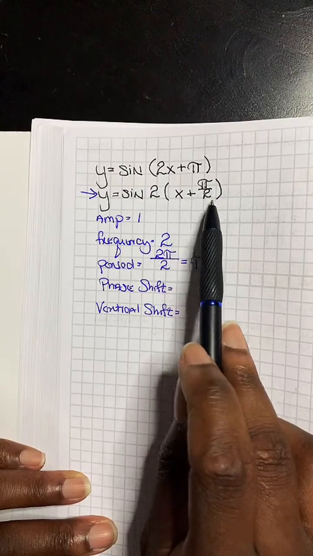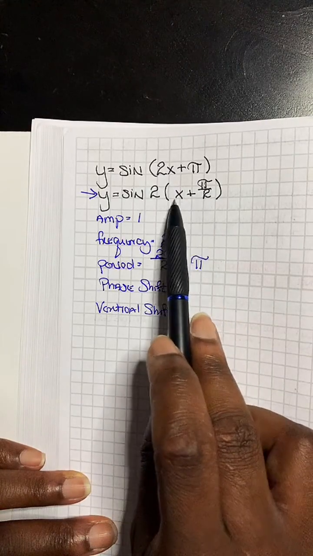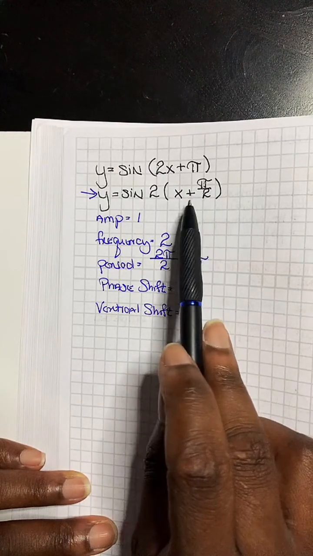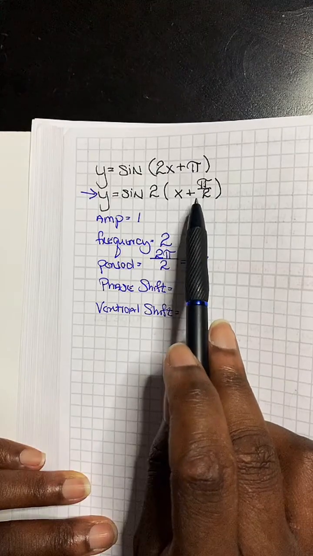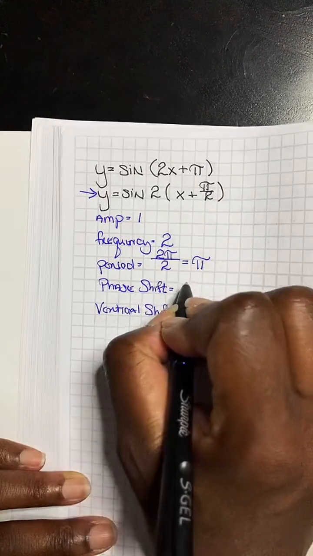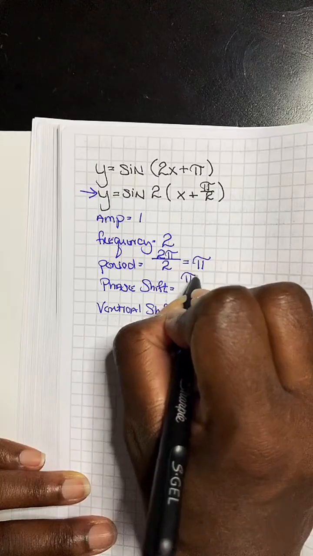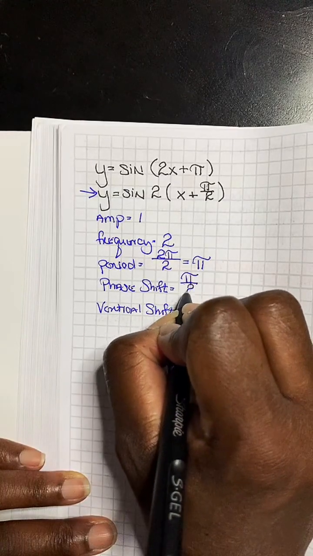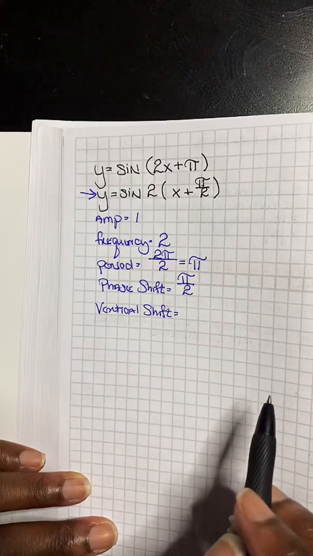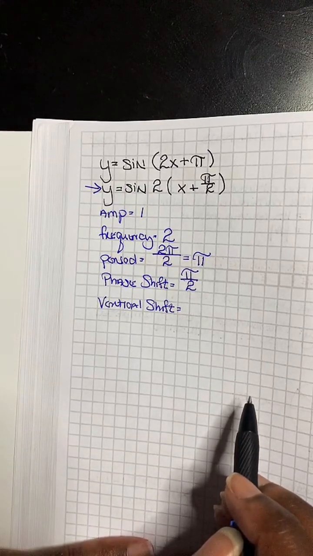Now here's my question. Inside the parenthesis, you're always going left or right. Go opposite of what you see. Which direction am I taking that pi over 2? Am I going to the left or to the right?